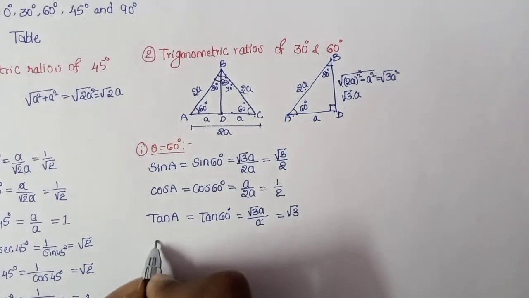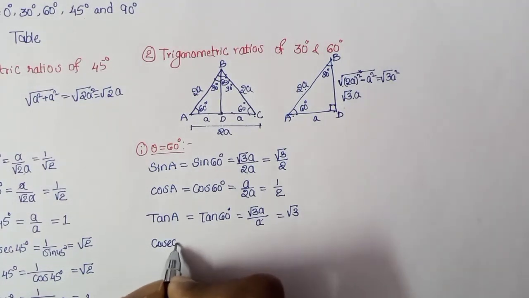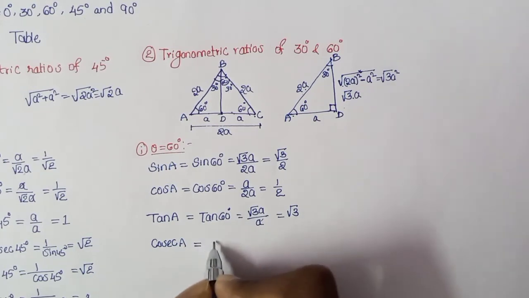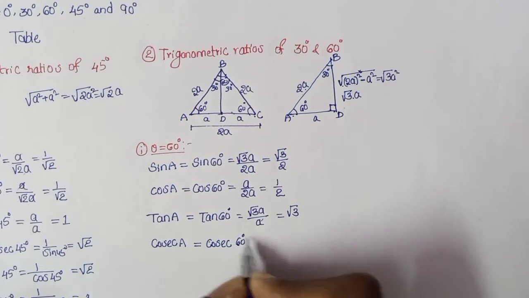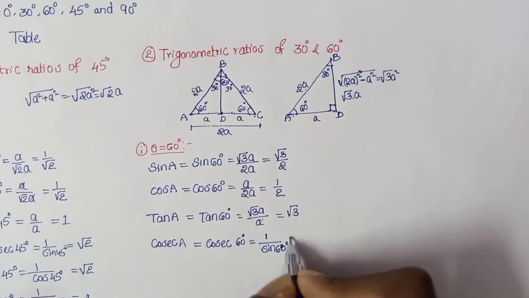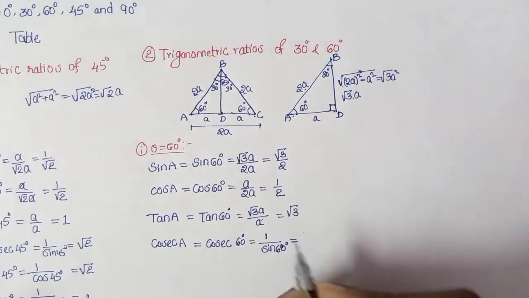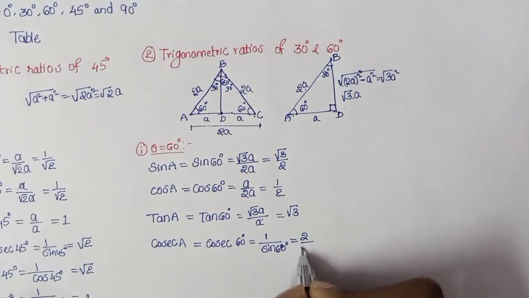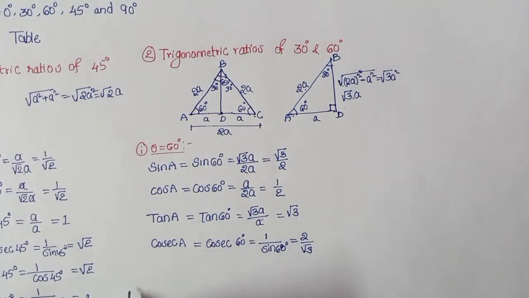Next, cosec A means cosec 60 degrees, that is equal to 1 by sin 60 degrees, which is the reverse, that is 2 by root 3. There root 3 by 2, here 2 by root 3.